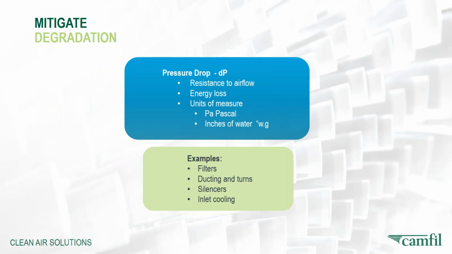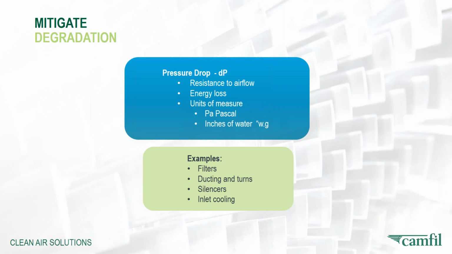Okay. We talked about how to mitigate, ever so briefly, as an introduction of the four enemies. It's important to note that along with increasing your filtration, we also need to consider pressure drop. I think the audience is aware that pressure drop is resistance to airflow. It's the energy loss measured in pascals or inches of water, depending where in the world you are today.